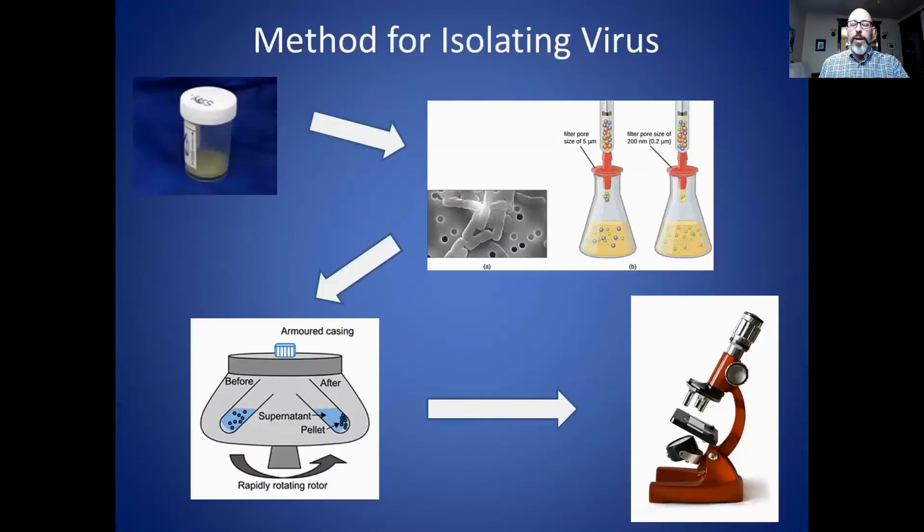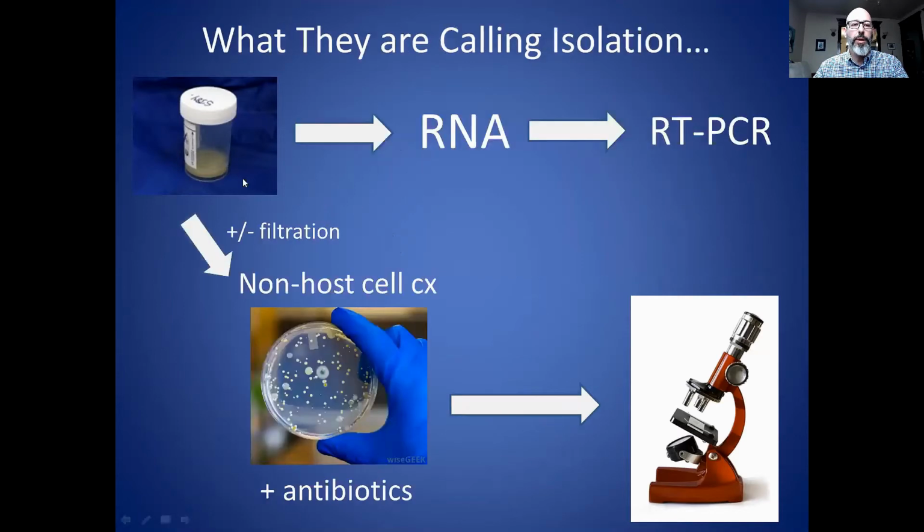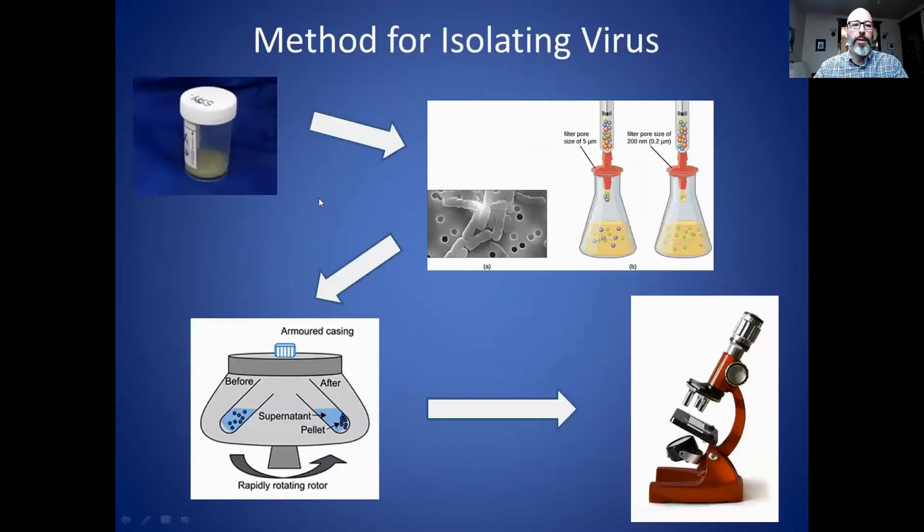So here is a method that's been documented by many. It's in standard microbiology textbooks or lab textbooks, and it has been used extensively to isolate viruses from lower organisms such as bacteria, amoeba, and algae. What you do here is you take the sample or the body fluid, which is in the upper left corner here. In the case of SARS and of COVID-19, lung fluid is the most common thing that is used for this purpose.